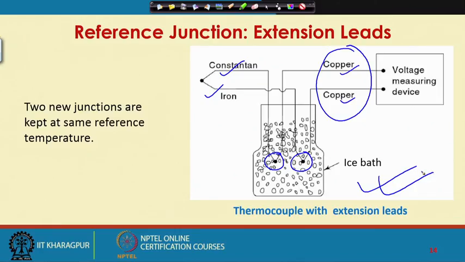Now, when you use, say, copper as extension leads for an iron-constantan thermocouple, I create two new junctions. These two new junctions are kept at the same reference temperature, 0 degree Celsius, as shown in the figure. So, this will give you a fairly accurate result for the temperature measurement.